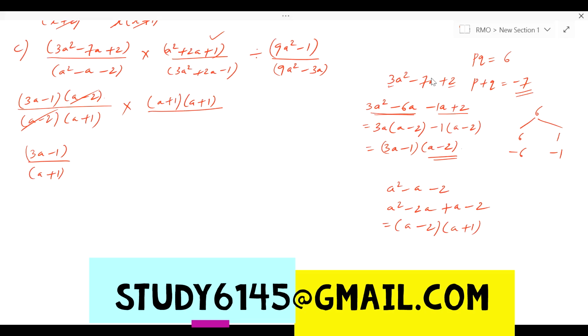And then for the bottom, it's a quadratic again. So p plus q is equal to 2 and p times q is equal to minus 3. Yes, minus 3 times minus 3.